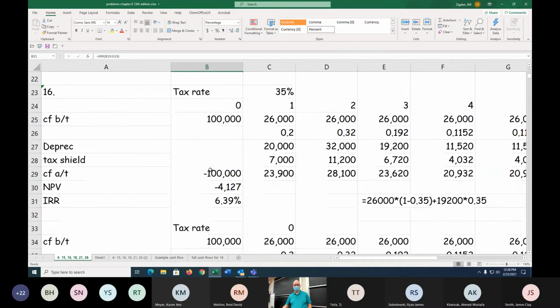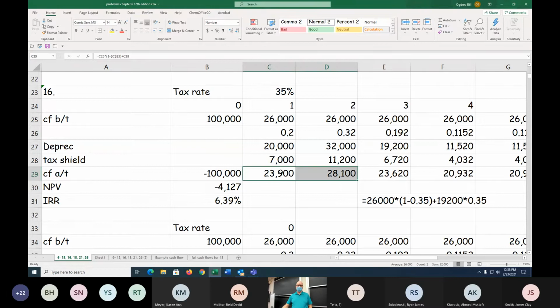All right. And then here's the funny, strange problem. And it looks like I did them backwards. This is the taxable entity. So I went through all the cash flows, and let's just do this first one real quickly.